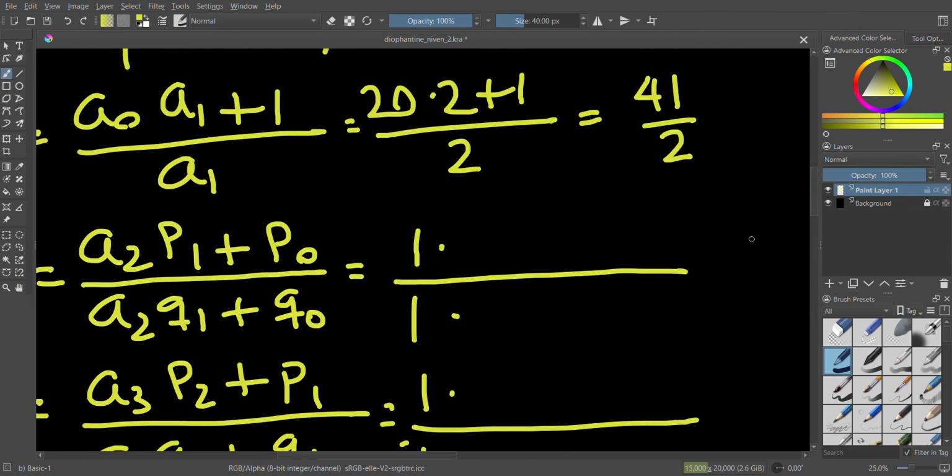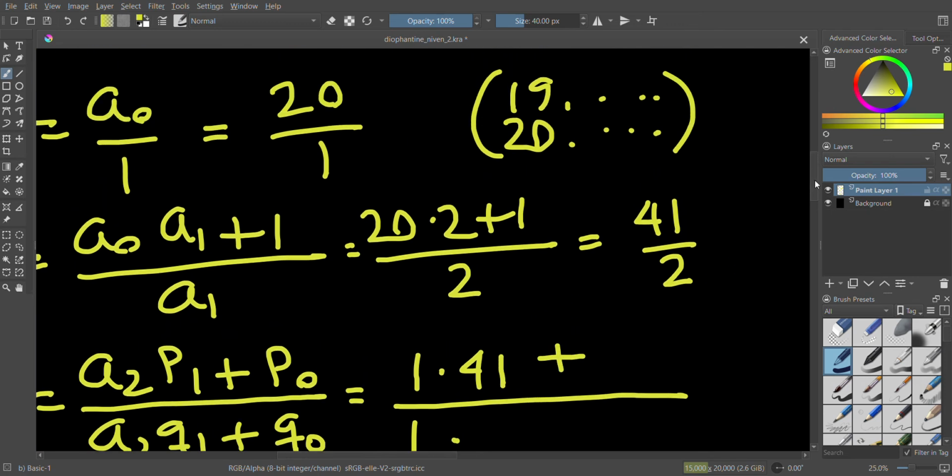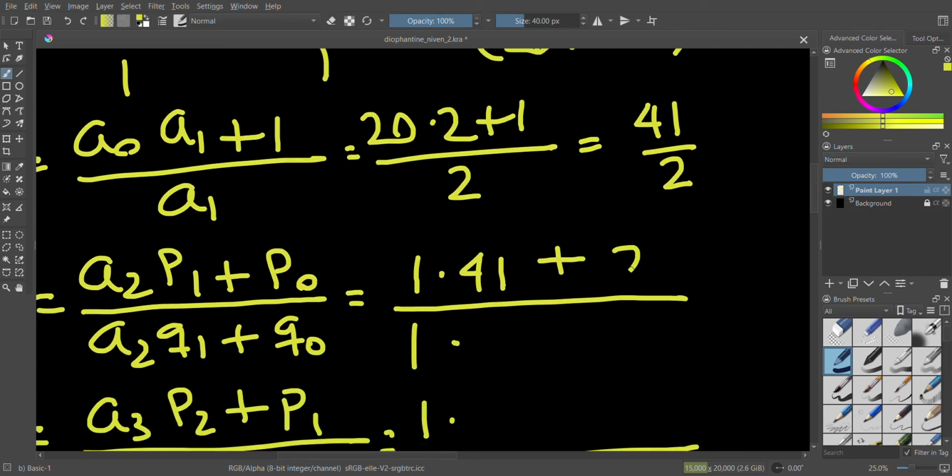Then now it really becomes fairly monotonous because my P1 is 41 and my P0 is 20. And then my Q1 is 2 and my Q0 is 1.